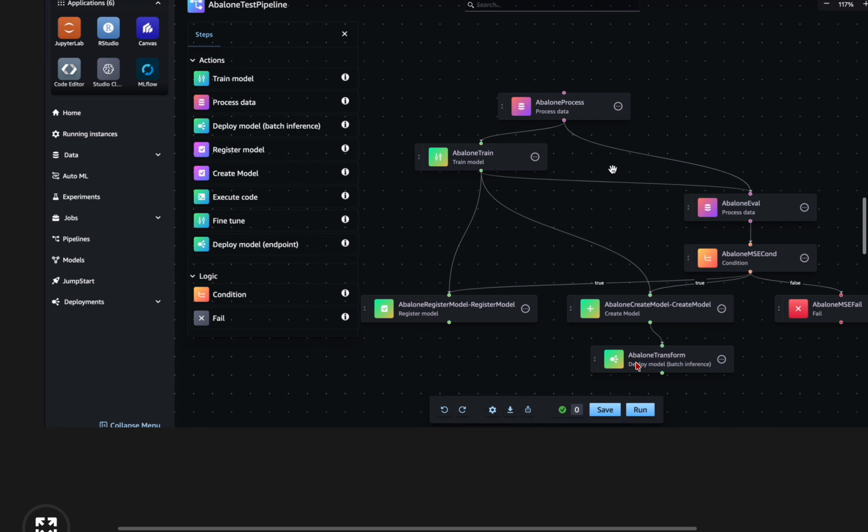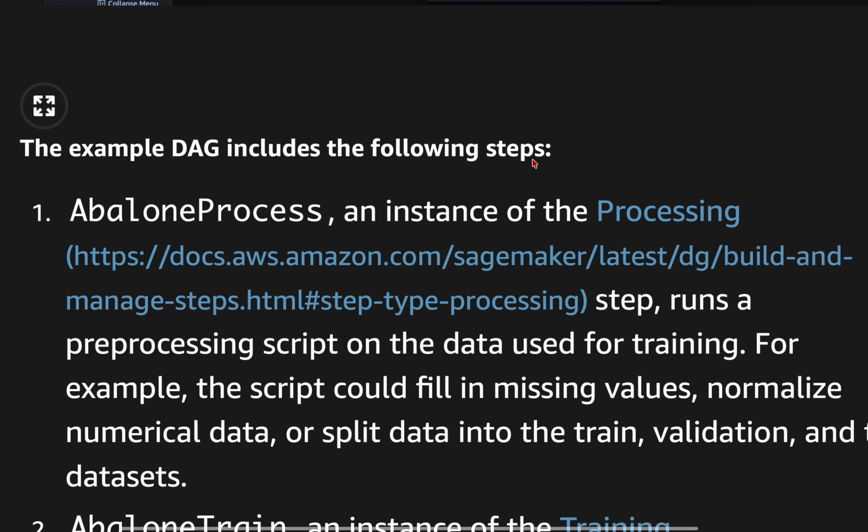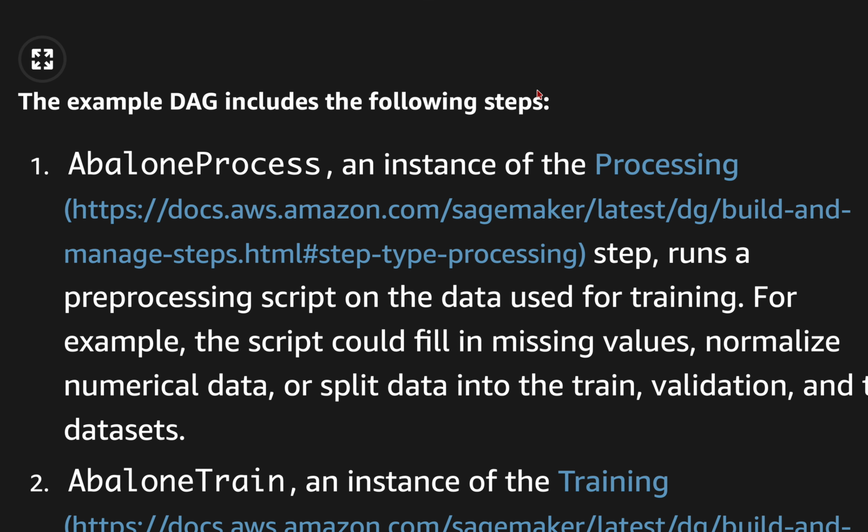So this is about SageMaker, and if we dig down into the process step, the process step will have the processing.py script and the raw data which is used here.